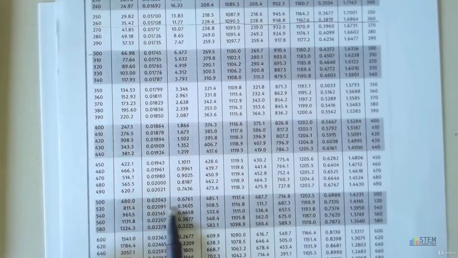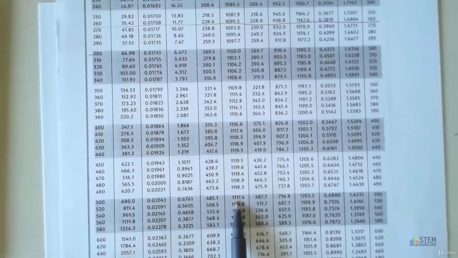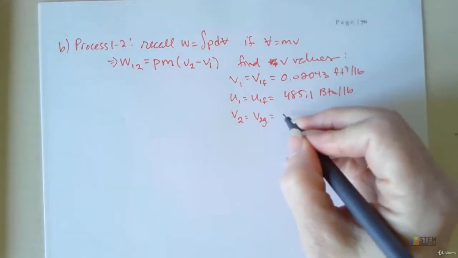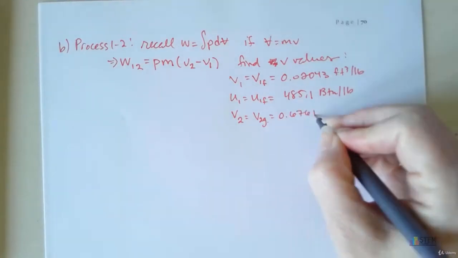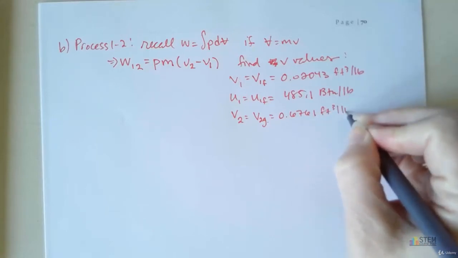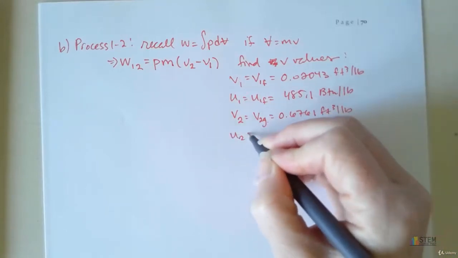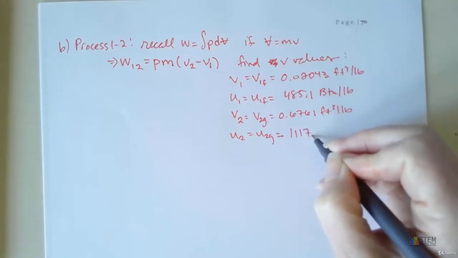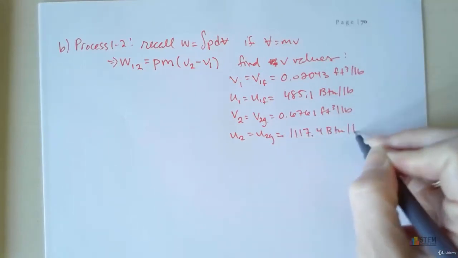Look for the g term. So we have 0.6761. And then we need the internal energy. That's 1117.4. So let's write both of those numbers down. Right, so v was 0.6761. It's cubic feet per pound. And then for u2, we got 1117.4 BTU per pound.